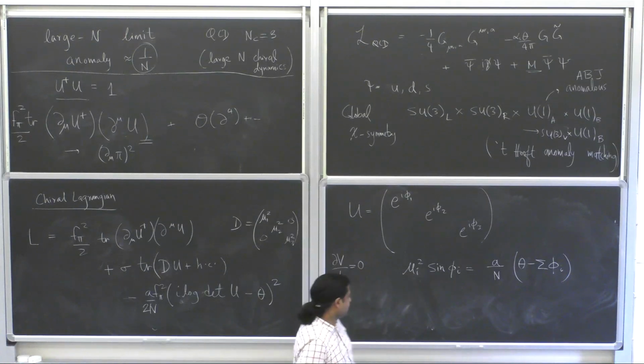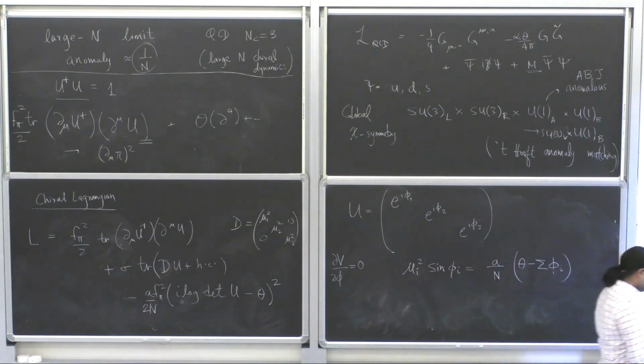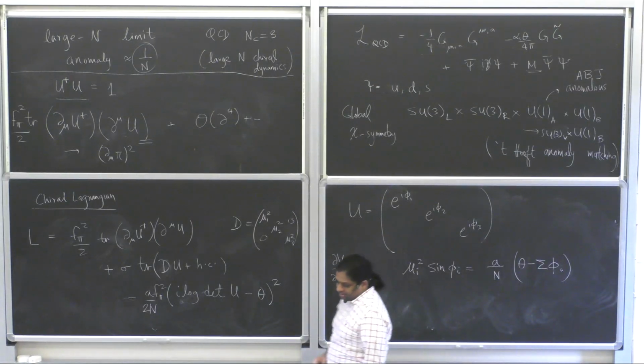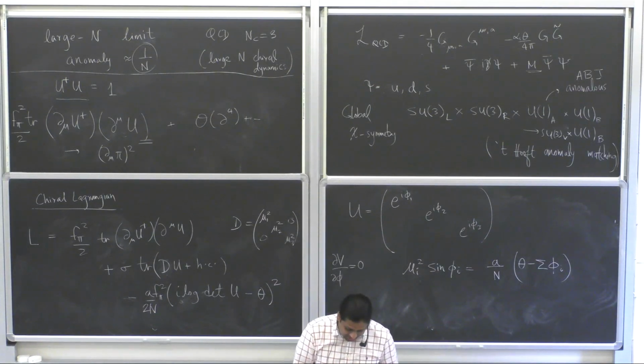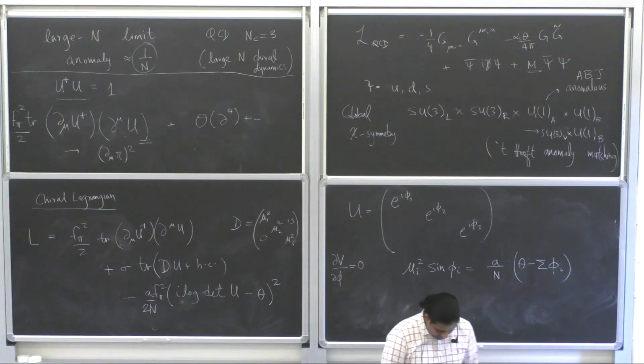The quantitative aspects are not particularly important. What we're trying to understand at the moment is qualitatively how theta shows up in the low energy theory, and these are the equations that we're trying to solve for the 3 phi i's that tell us what the minimum of this potential would be. Okay.